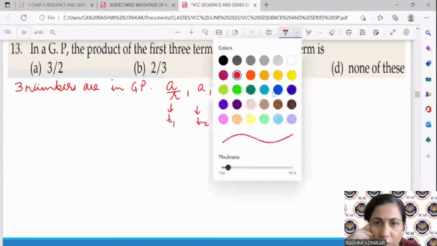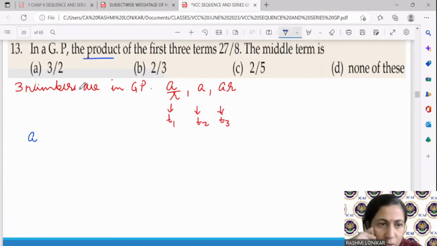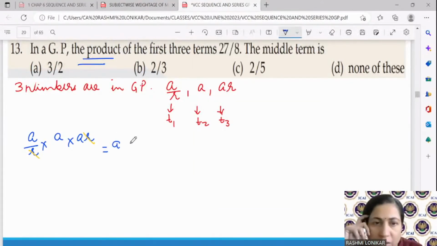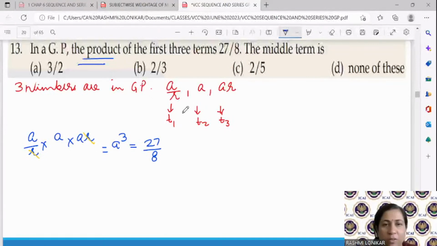So what do I do over here? They are talking about the product. So A upon R into A into AR. So this R will get cancelled. What will I be left with? This is equal to A cube. This is equal to how much? This is equal to 27 upon 8. They have given the product of the 3 terms is 27 upon 8. So what will be the value of A?